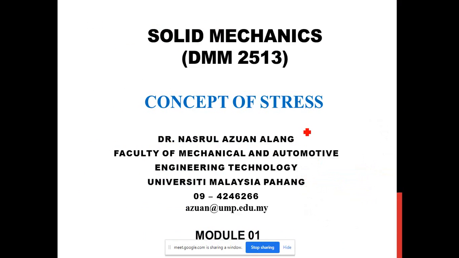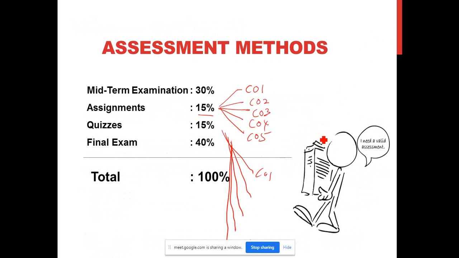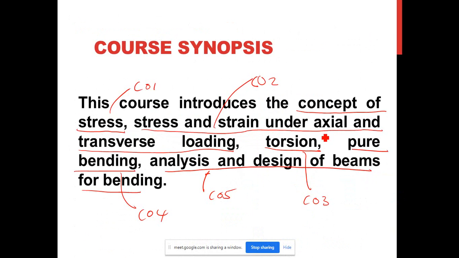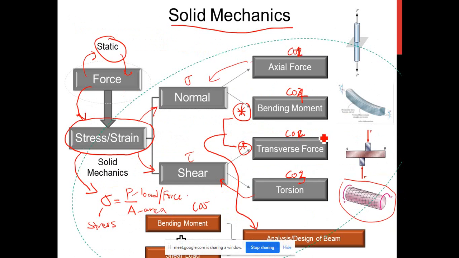Last week I already explained the introduction of solid mechanics. In a solid mechanics course, we are going to analyze the structure. The analysis I mean is the stress analysis.